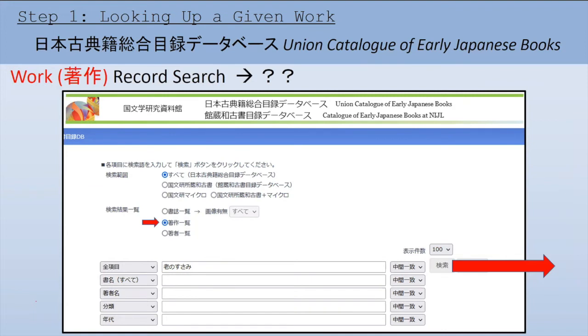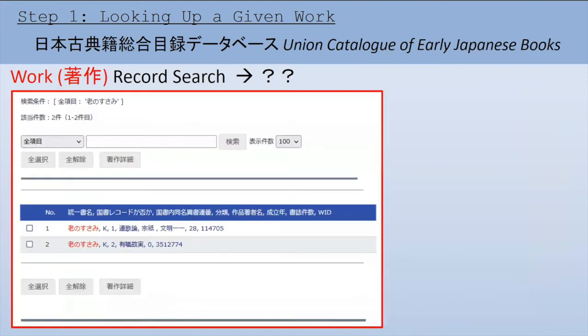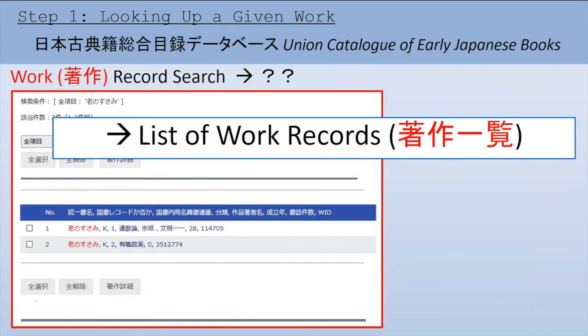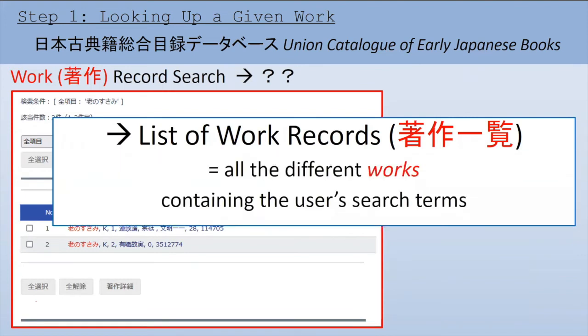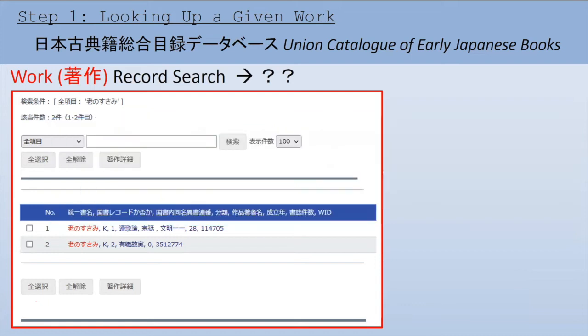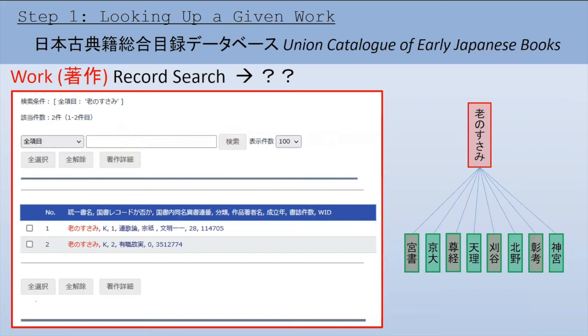a work record search for Oi no Sasami? We get this list, the list of work records, or Chosaku Ichiran, which is to say, all the different works that contain a user's search terms. This is a more powerful feature than it might seem. Remember that each work is an abstraction, bundling together a number of different actual texts.